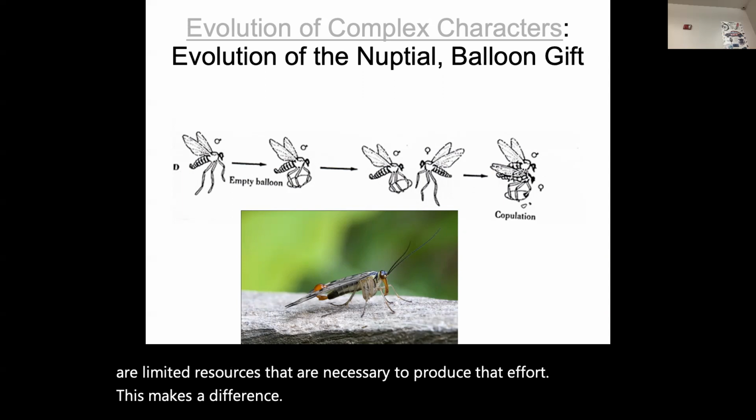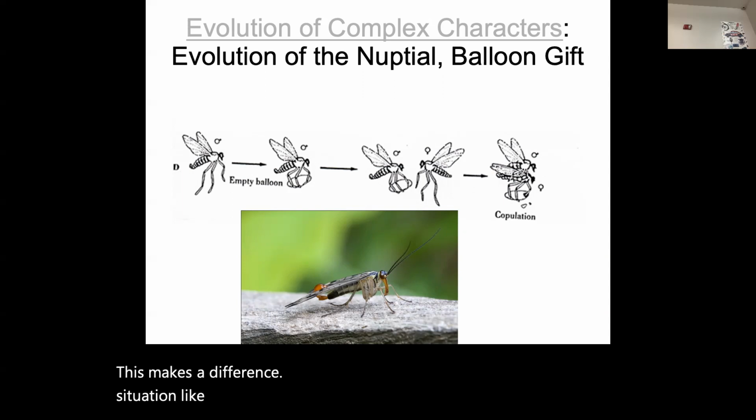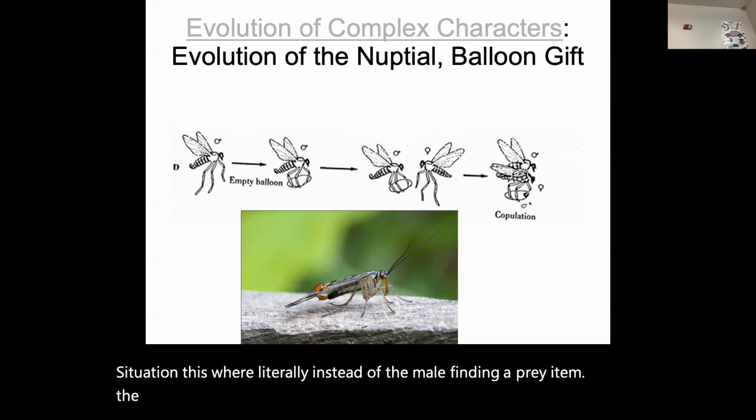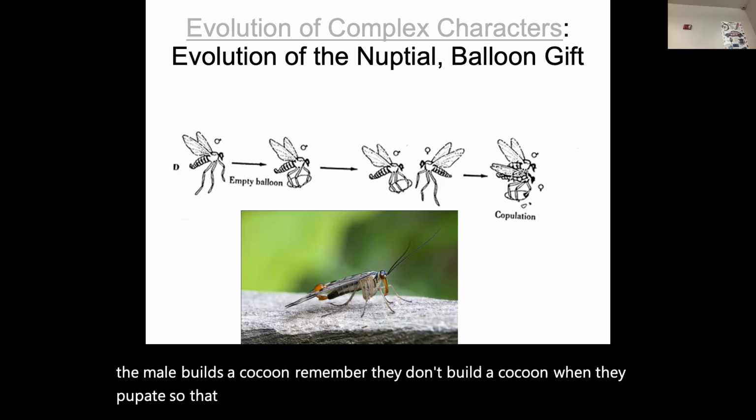How, though, do you get a situation like this, where literally, instead of the male finding a prey item, the male builds a cocoon? Remember, they don't build a cocoon when they pupate. So that is not part of their life history. But in this case, the male builds a cocoon.